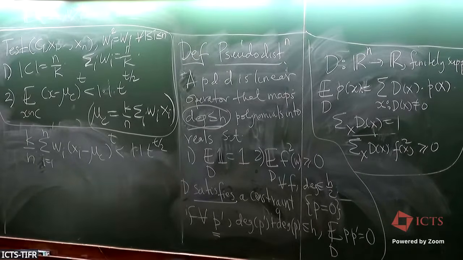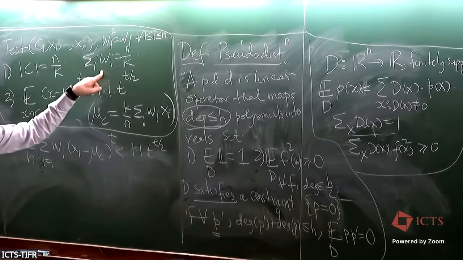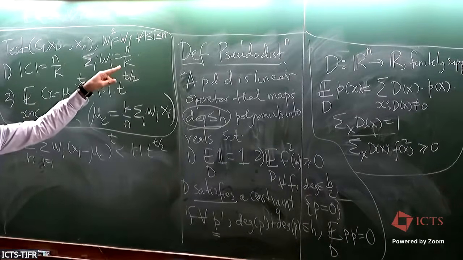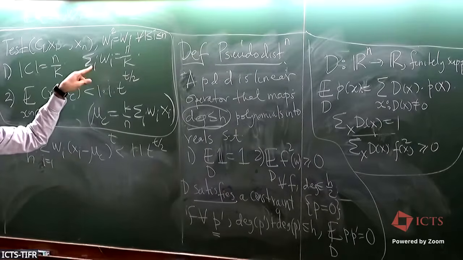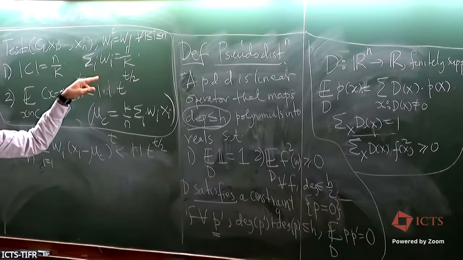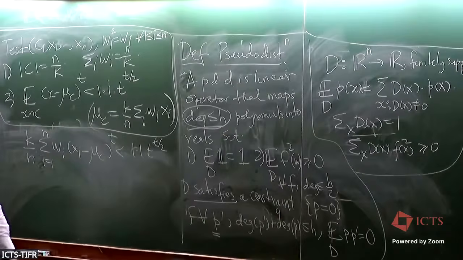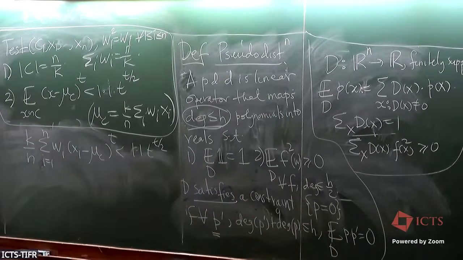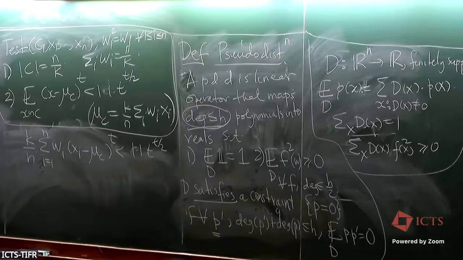Importantly, it satisfies 1, that sum of w_i is n over k. Because sum of w_i is n over k, you can show that sum of w_i, squared, should be n squared over k squared. By satisfying constraints, the expectation of the sum of w_i, the whole square, should be n squared over k squared, and we normalize it. So that's it.